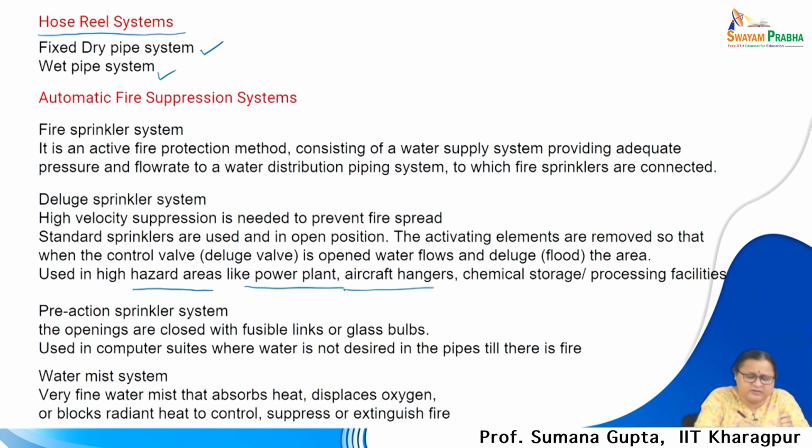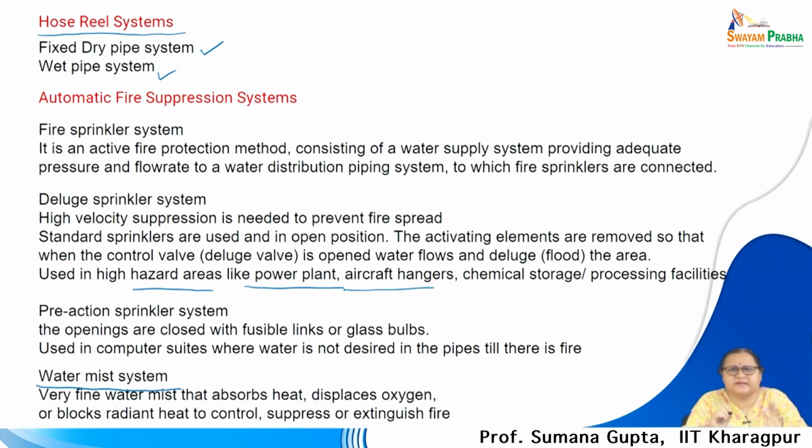Further fine is the water mist system. Here the amount of water required is very low and it comes out in very fine droplets of water which displace the localized oxygen and prevent burning. So, these have various different applications.